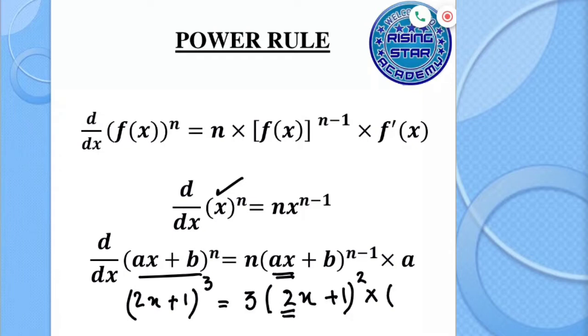So 2 multiplied by 3 becomes 6, so 6 times (2x plus 1) whole squared is my final answer. This is the generalized rule for the power function.